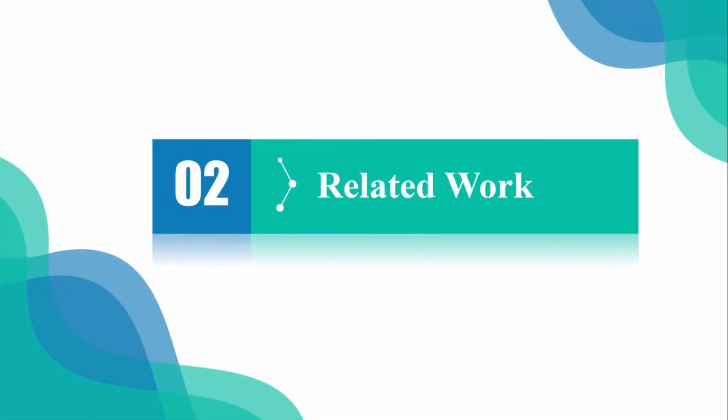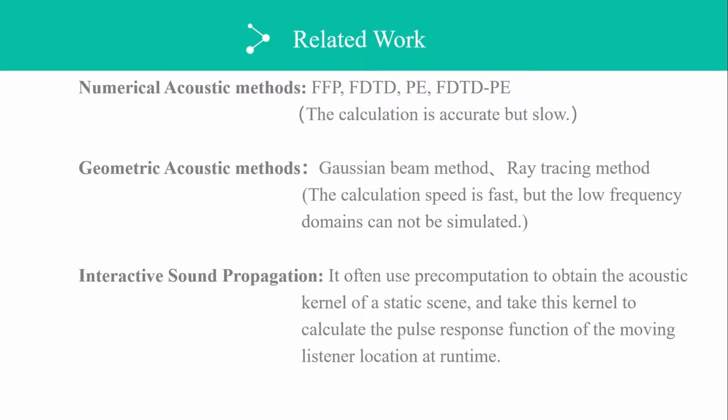Second, related work. Outdoor sound propagation has been widely studied in the field of acoustics. The methods of solving the problem of outdoor sound propagation include numerical acoustic methods and geometric acoustic methods.